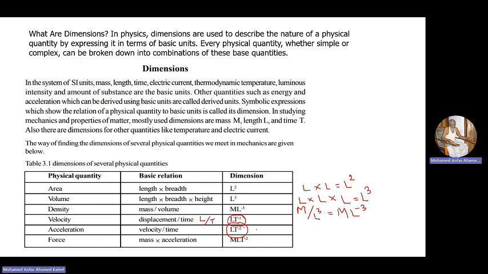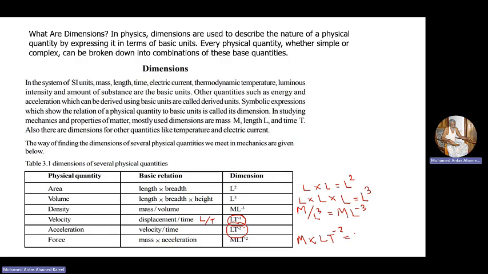Then force. The basic relation or definition of force is mass into acceleration. The dimension of mass is M, and the acceleration is LT minus 2.